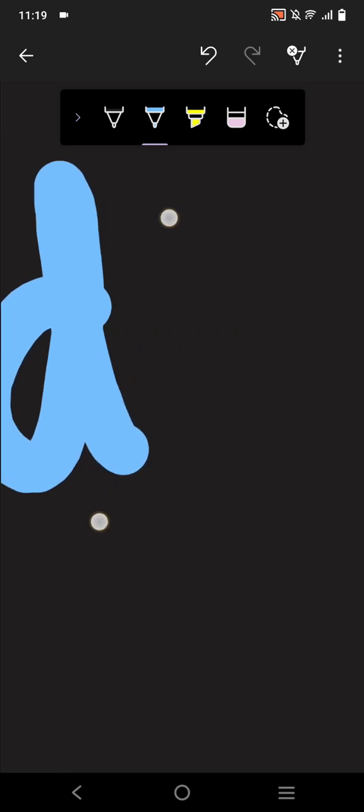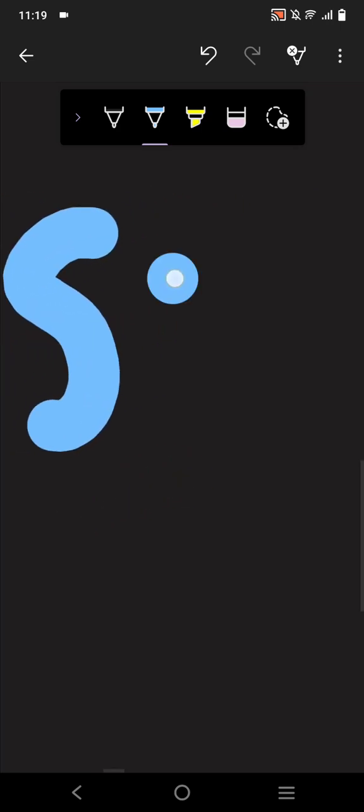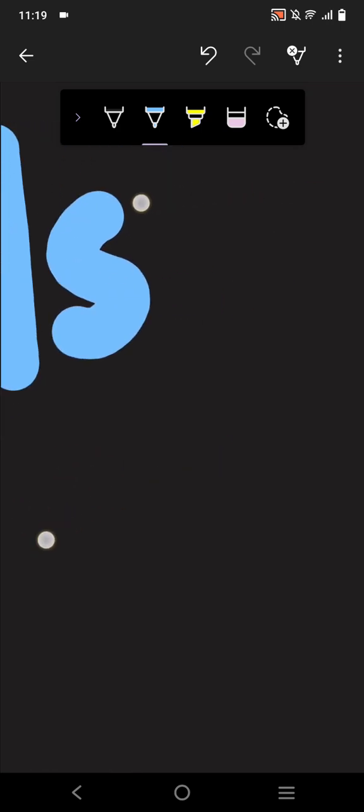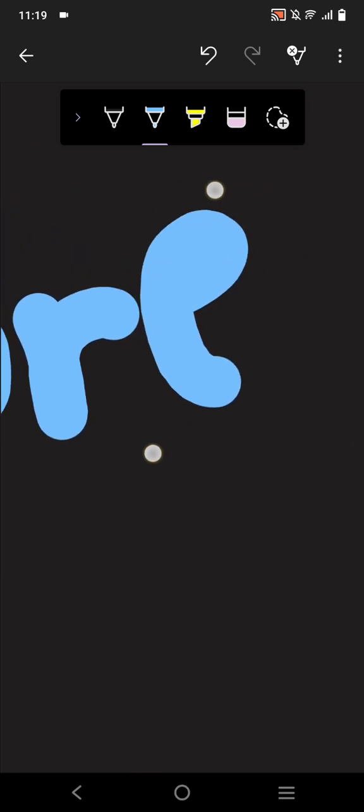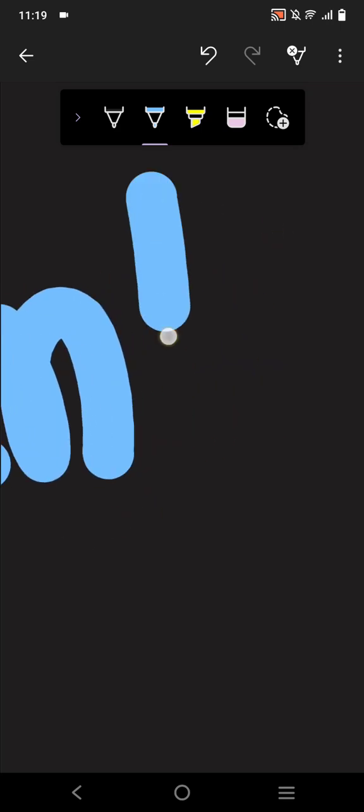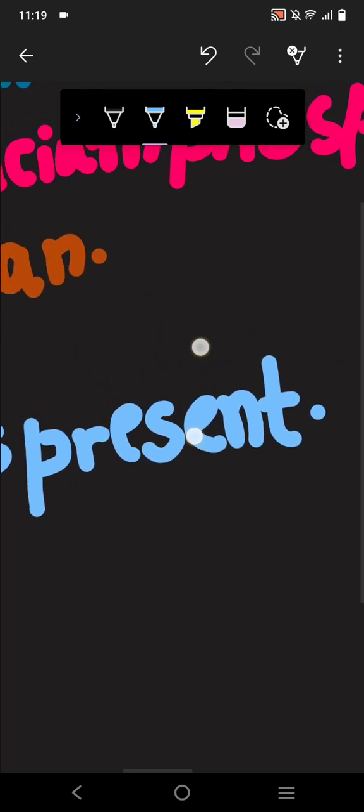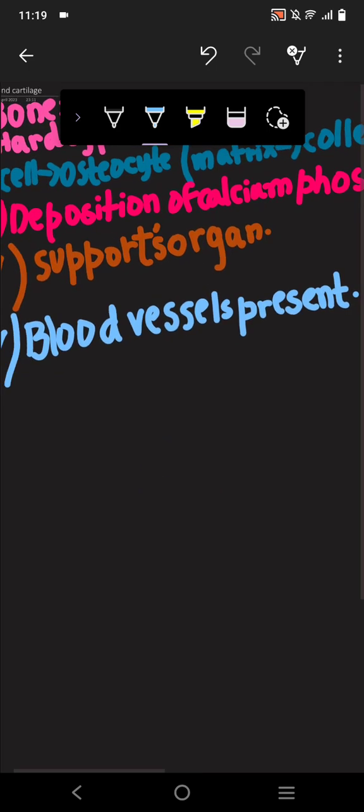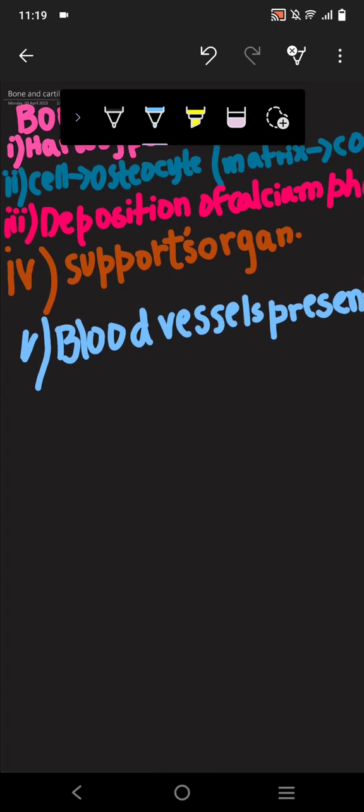You can also write that blood vessels are present, meaning blood vessels can penetrate.